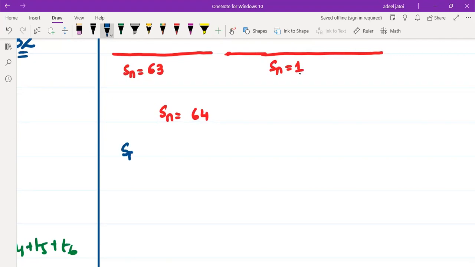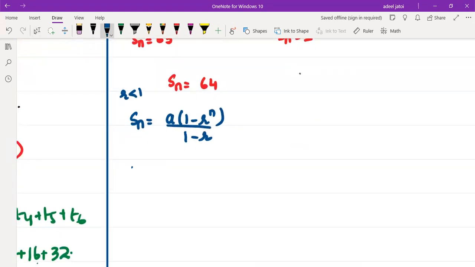Let's calculate Sn. Number 1, is it a decreasing series? So R is less than 1, and the formula is A times 1 minus R to the power n upon 1 minus R. Then let's take the sum of the 15th term. Sum of how many terms? 15.